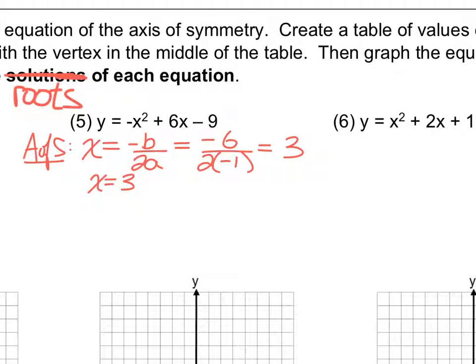So I want to build my table around this. I'm going to create an x column and a y column. I'm going to put 3 smack dab in the middle. Like I said, I like 7 points. You might only want to do 5 points, but I'm going to go 3 points in either direction: 0, 1, 2, 3, 4, 5, 6.